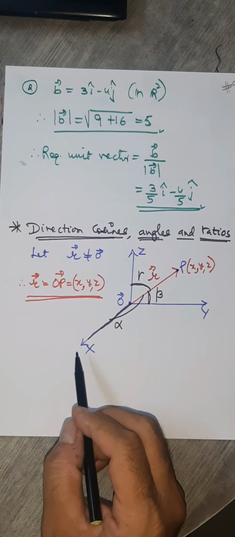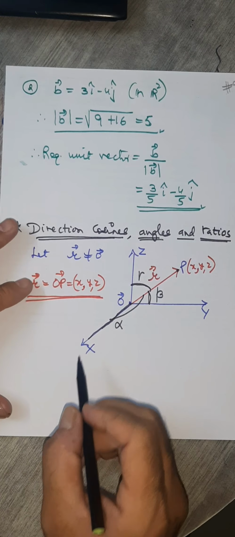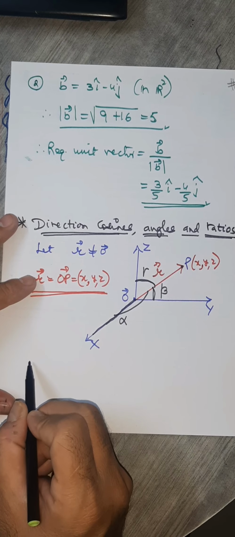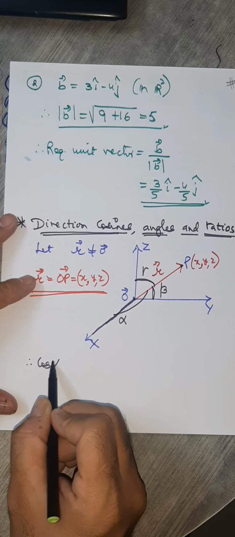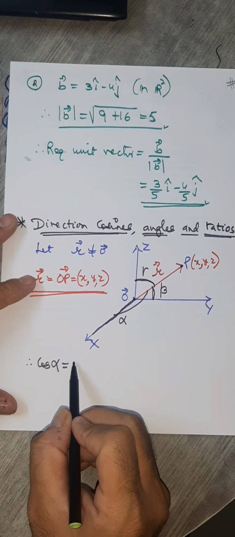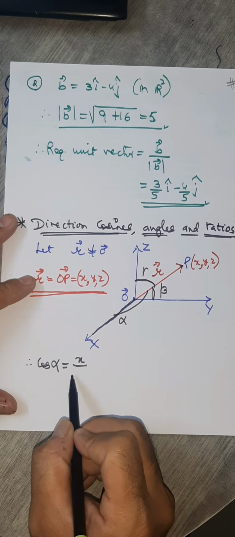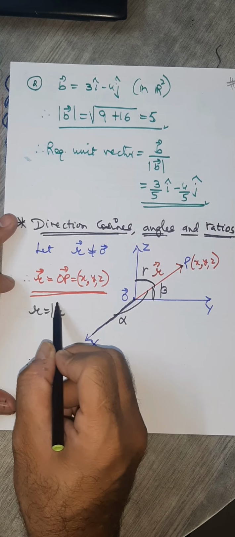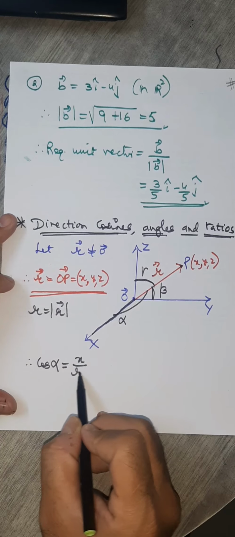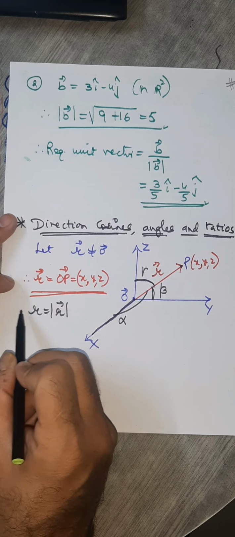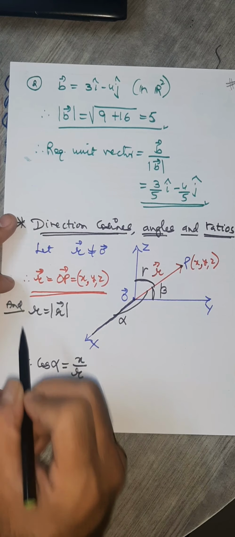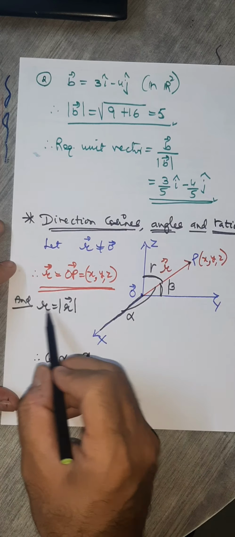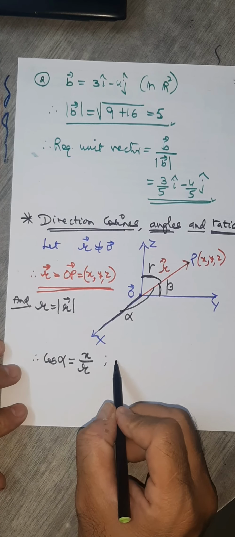Then it can be shown, we'll derive it later on, that cos alpha is the first component upon the magnitude of this vector. I'll write the magnitude of this vector as small r.